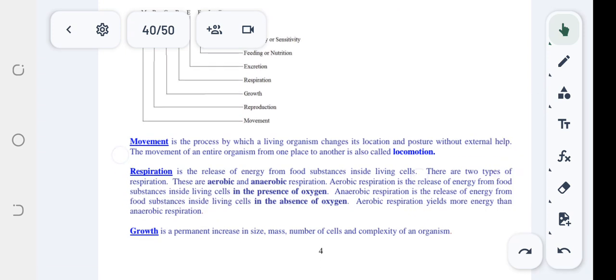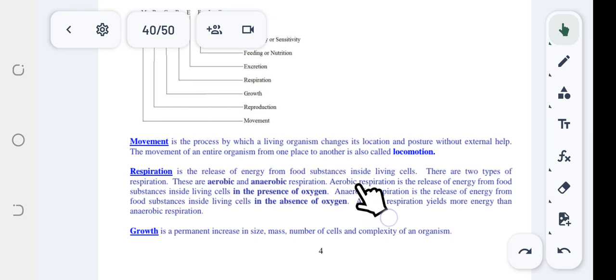Let's proceed and look at respiration. Respiration, in short, is the method of producing energy, or in other words, the release of energy from food substances inside living cells. There are two types of respiration: aerobic and anaerobic.